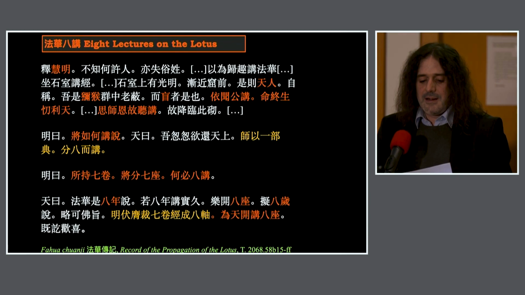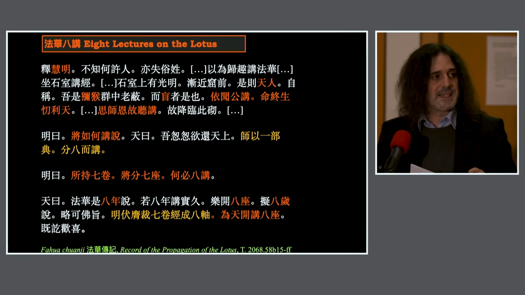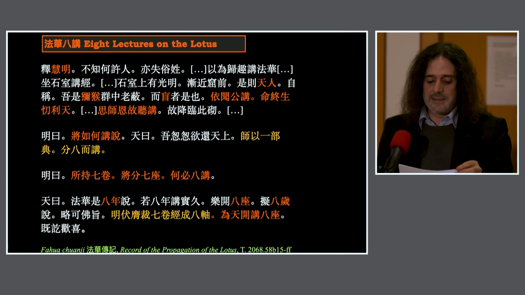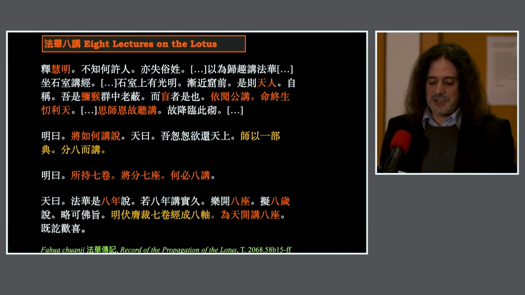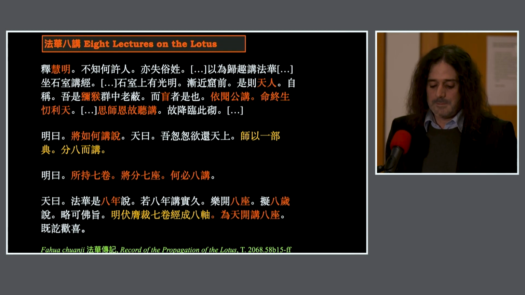And the idea of structuring readings of the Lotus in 8 sessions most likely previously existed in China. A number of hagiographical accounts highlight this division issue. One of them is found in a source dated 754.